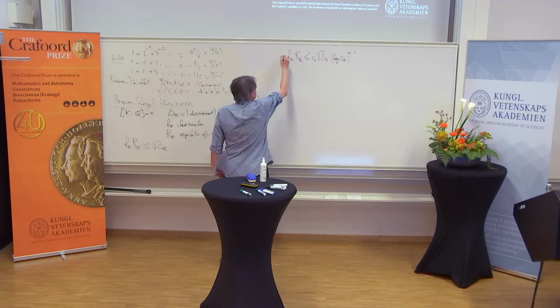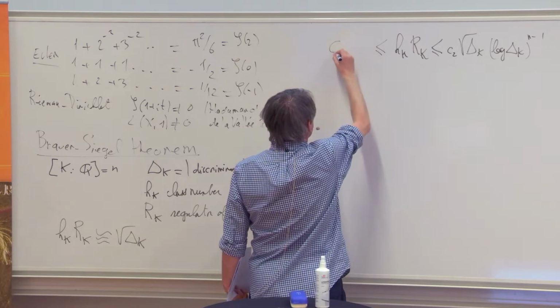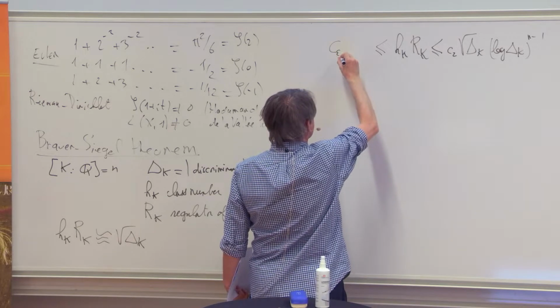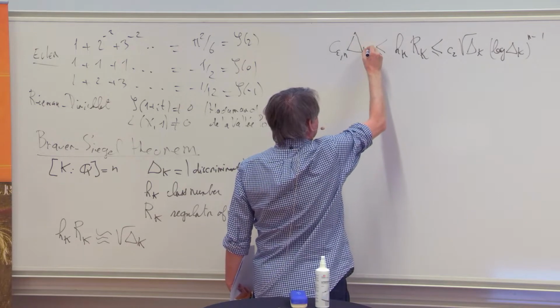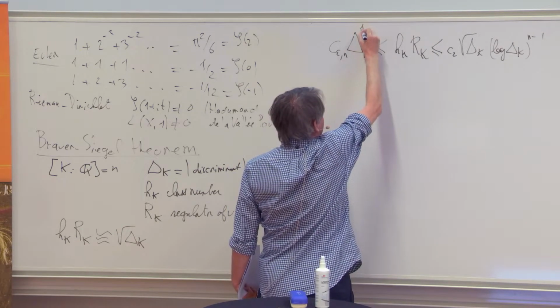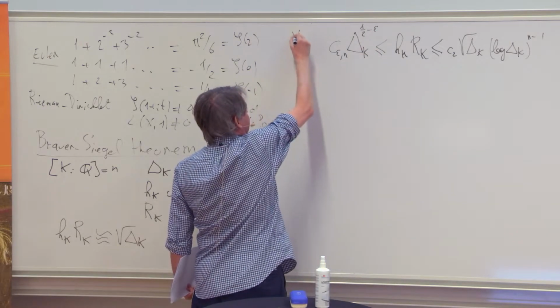And the lower bound, well, the known one, you have a constant that depends on epsilon and n, and you can put here delta_K to the power 1/2 minus epsilon.